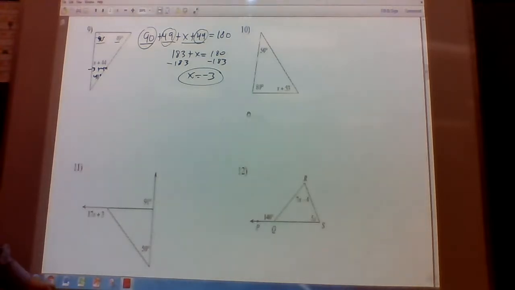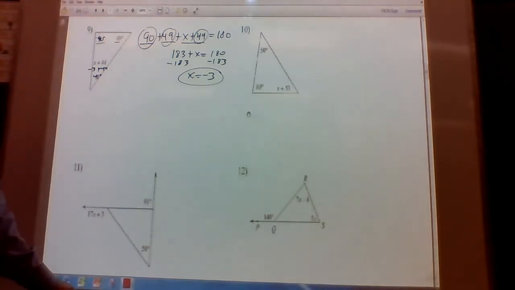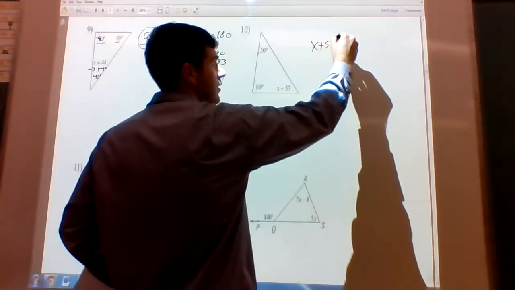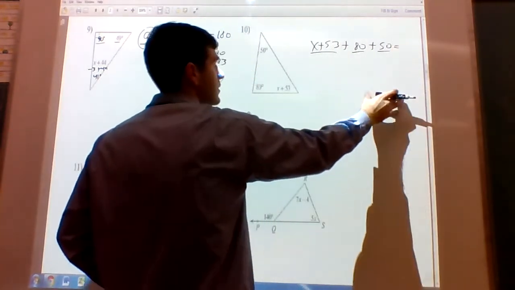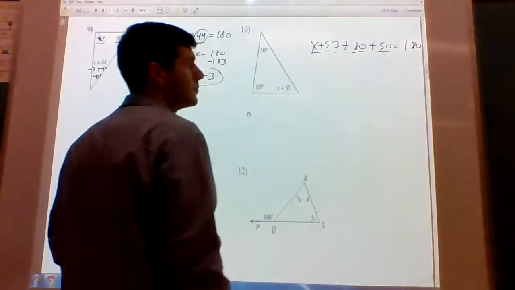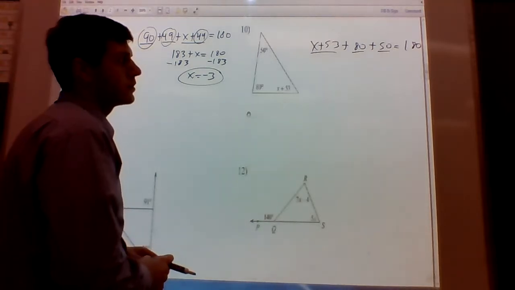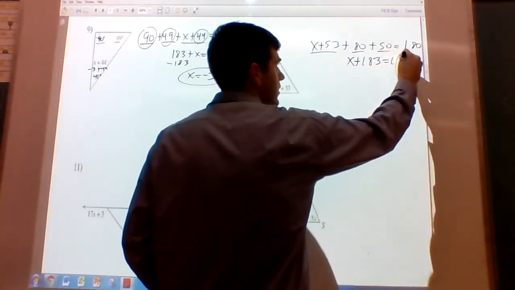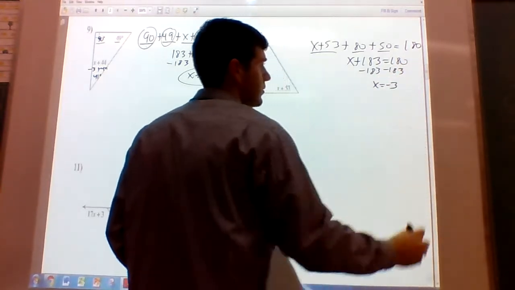Number 10 is the same thing. The Triangle Sum Theorem tells us the measures of the three interior angles of the triangle are going to add up to 180. So x plus 53 plus 80 plus 50 equals 180. 50 plus 80 is 130, and 130 plus 53 is 183. Subtract 183, and x is going to be negative 3.